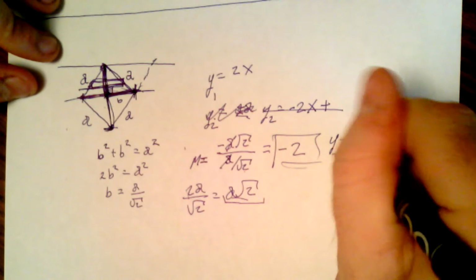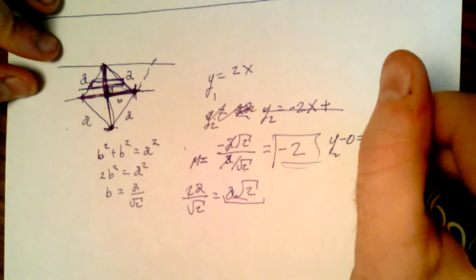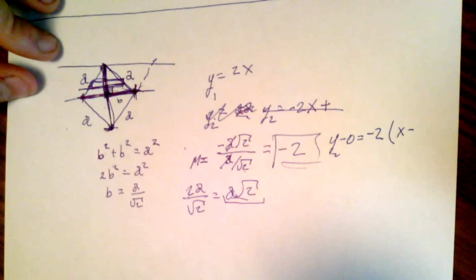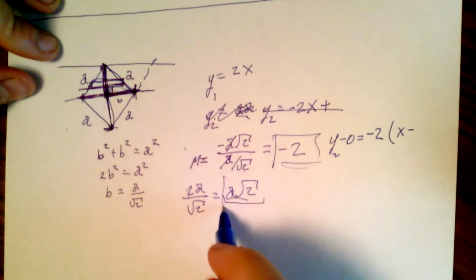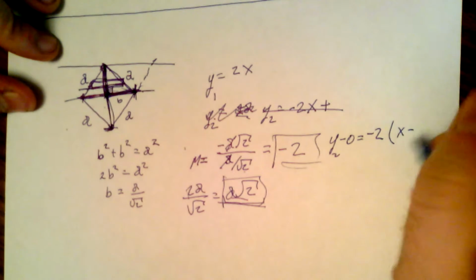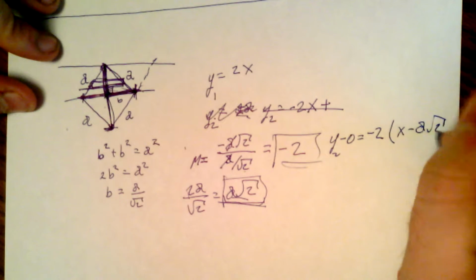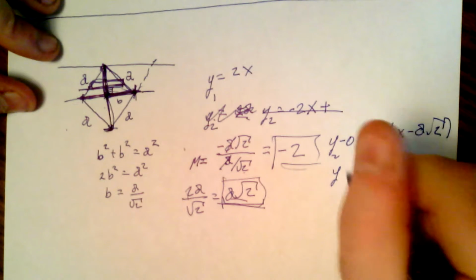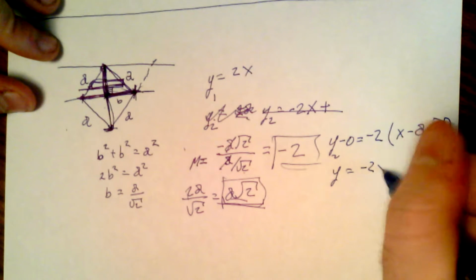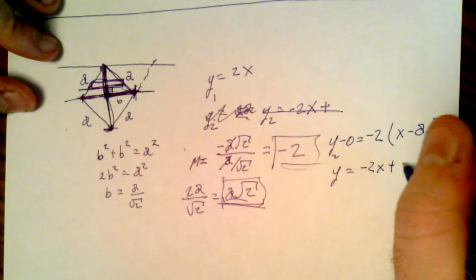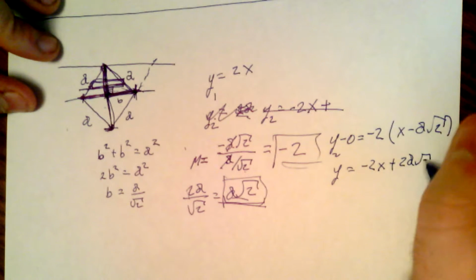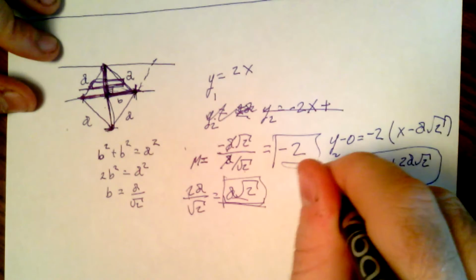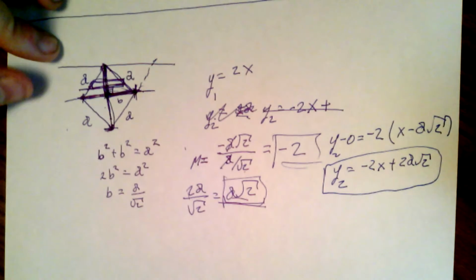So y2 minus 0 equals negative 2, our slope, times x minus, the x value down here is a square root of 2. Great. So that means that y equals negative 2x plus 2a root 2. This gives us the equation for the bottom part of this square.